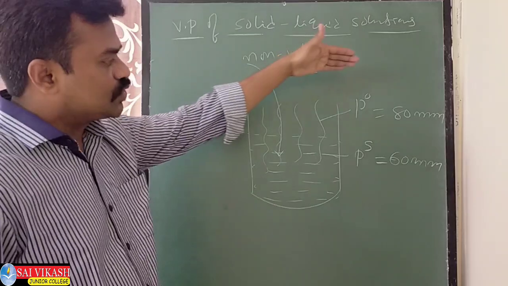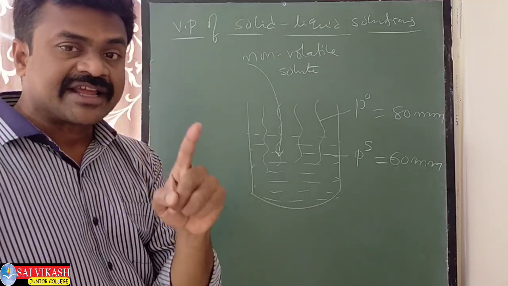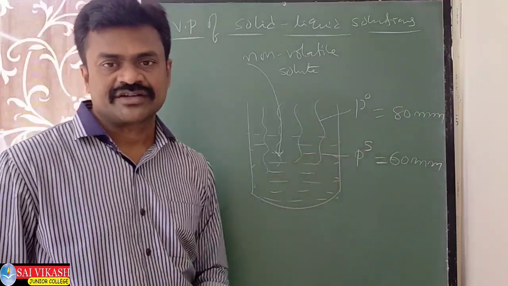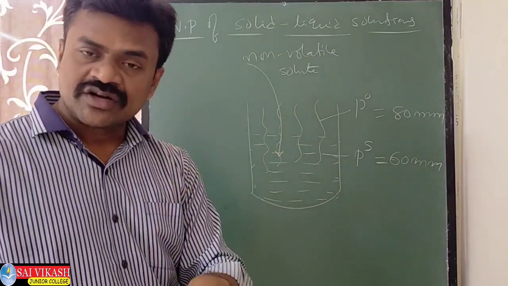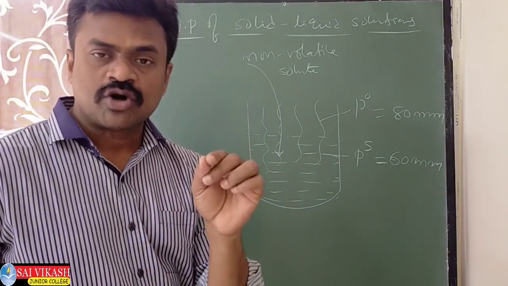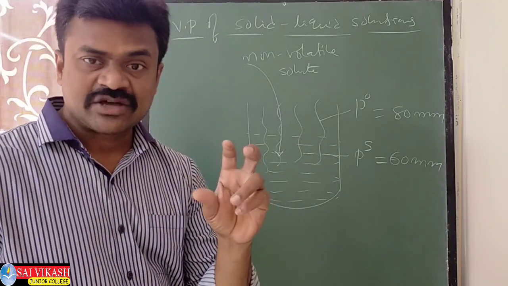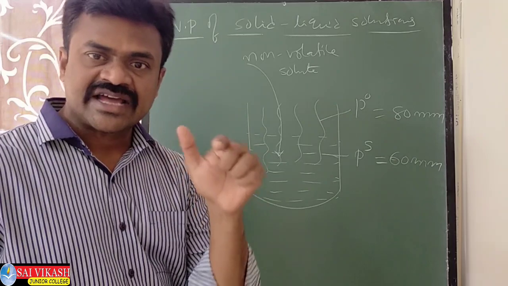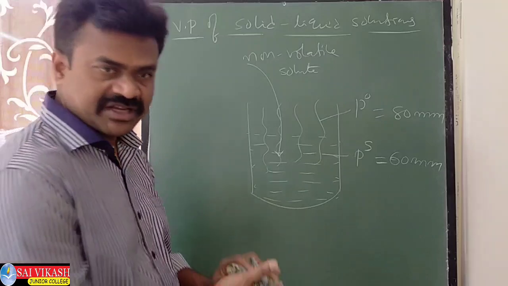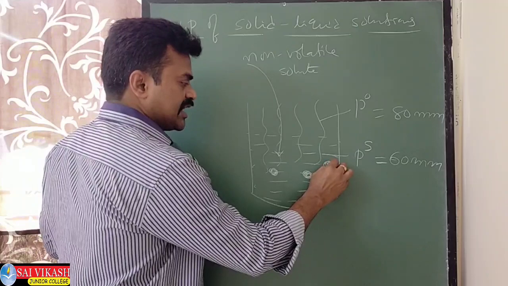Before adding the non-volatile solute, it was 80. When a non-volatile solute is added, vaporization is lowered. That's why vapor pressure is lowered. Why is vaporization lower? See this explanation. Generally, solute molecule sizes are bigger than the solvent molecules, and these are all non-volatile solutes, meaning solutes are combined with the solvents in the solution like this.